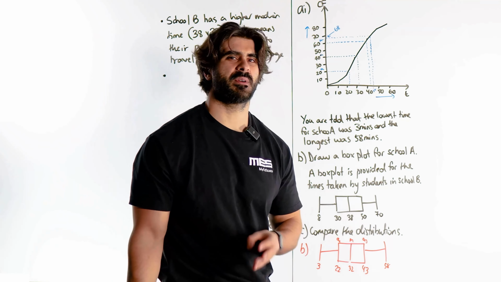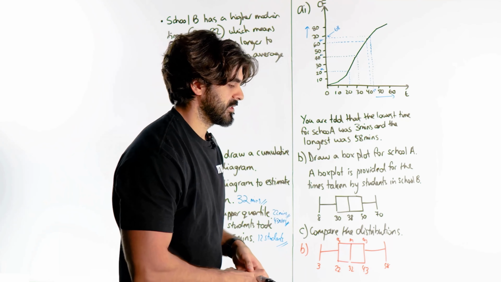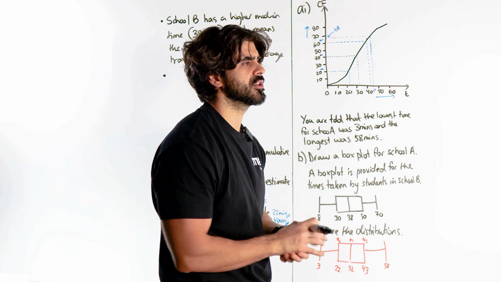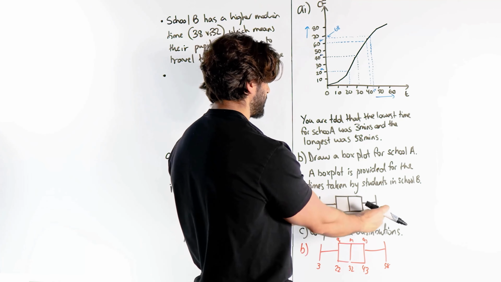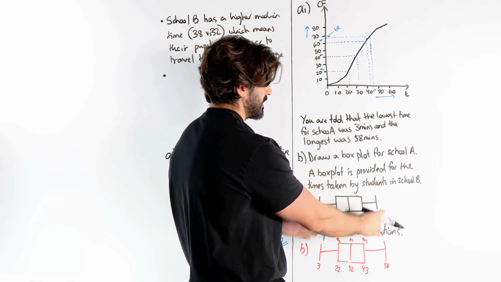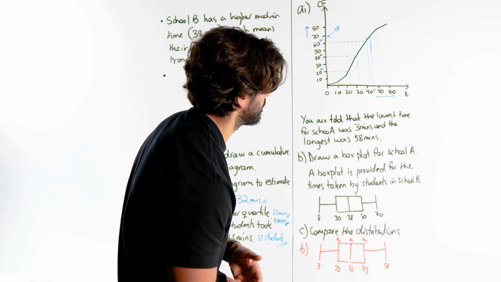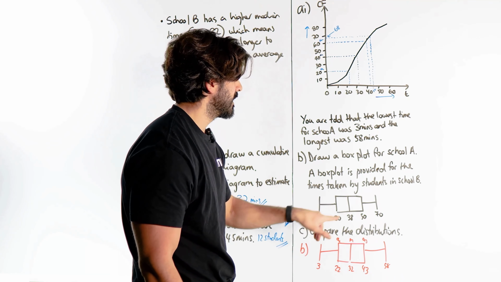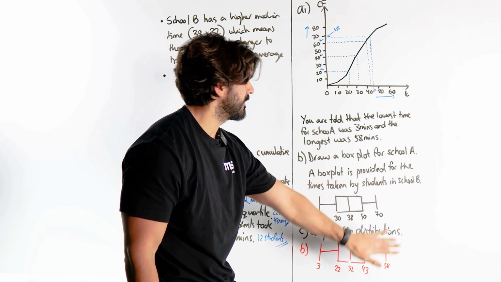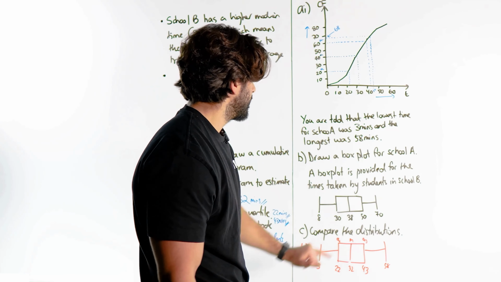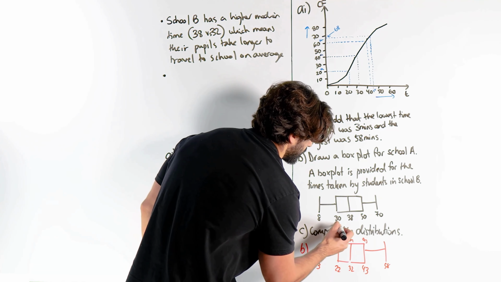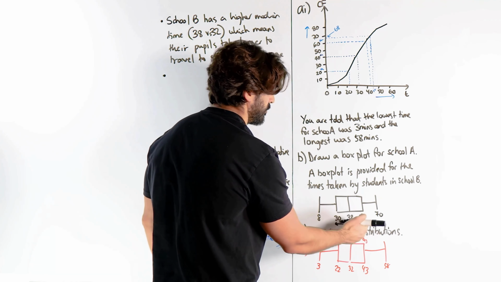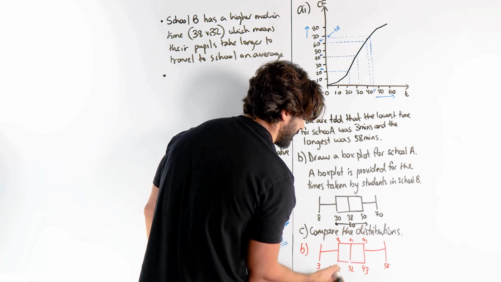You could talk about the range, but it's not as good because these are obviously very extreme values. So these extreme values can distort the distribution, or it can distort the range. Interquartile range gets rid of those extreme values. So here, my interquartile range for school B, Q3 minus Q1, is 20.